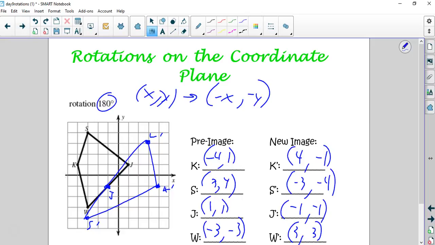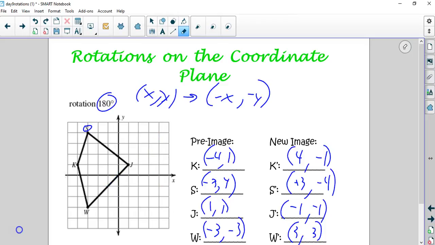Knew something didn't look right. I botched up S. This must be a negative 3, which means this should be positive 3. So S is not down here. S is up here. So let me try that again. 1, 2, 3, 4, negative 1.